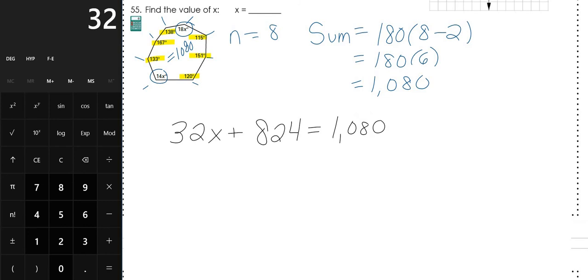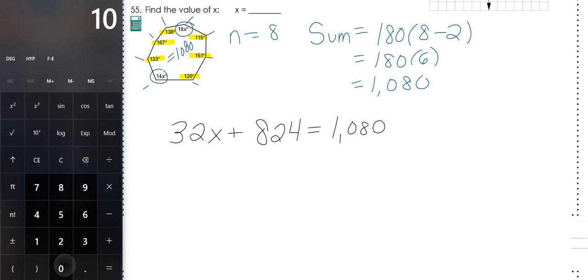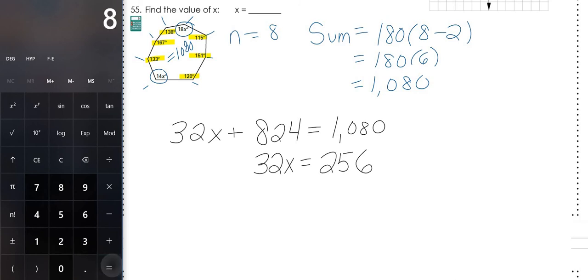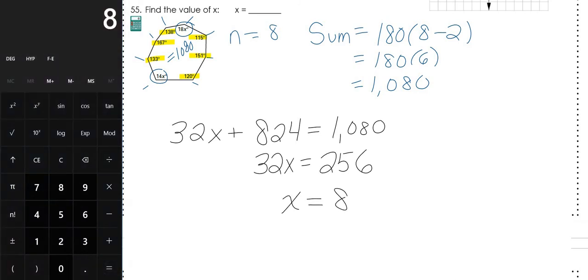Subtract the 824 from both sides, so 1080 minus 824 equals 256. So 32x equals 256. Divide both sides by 32, and we get x is 8. So our x value is 8.